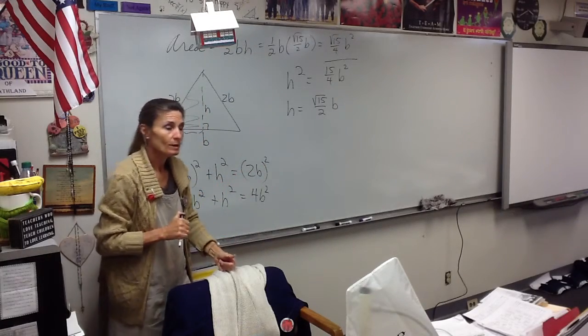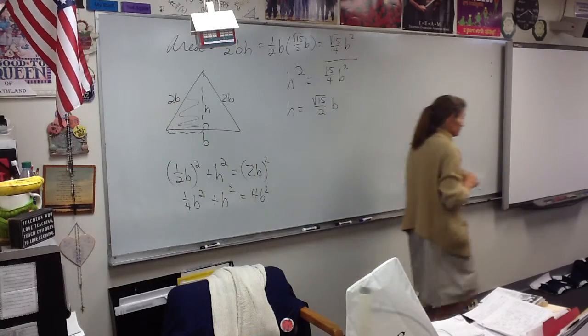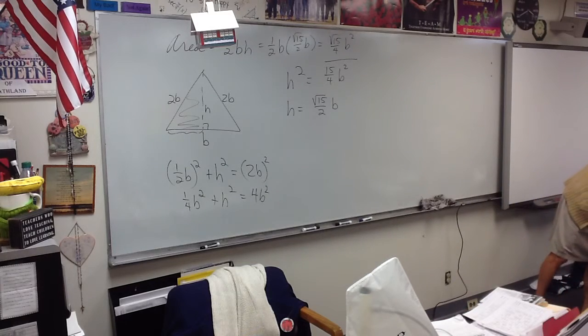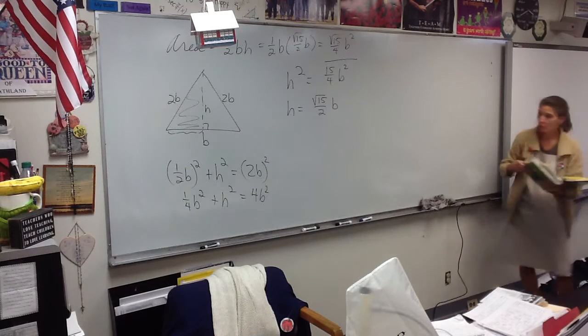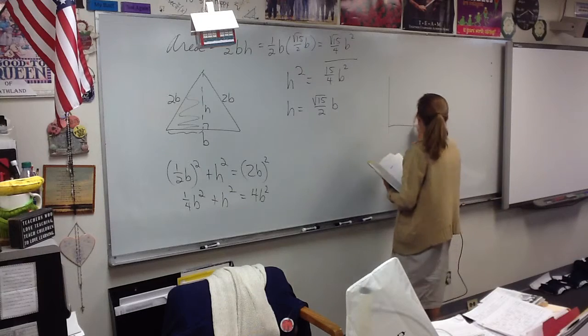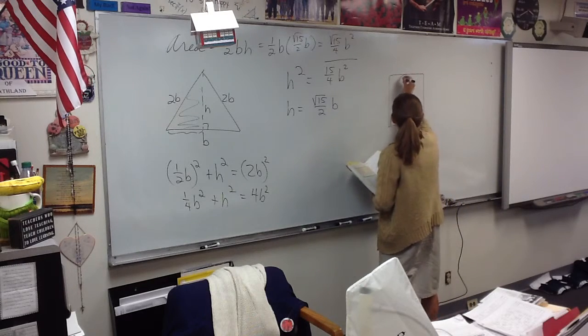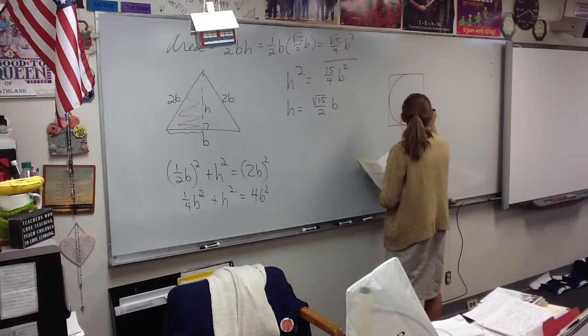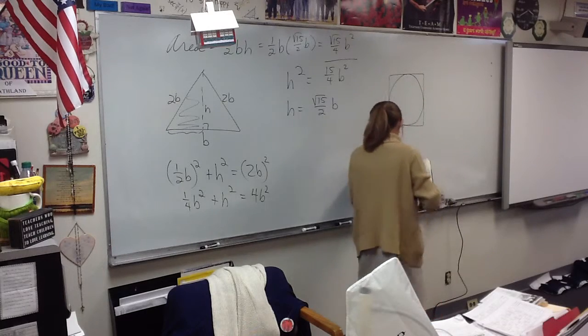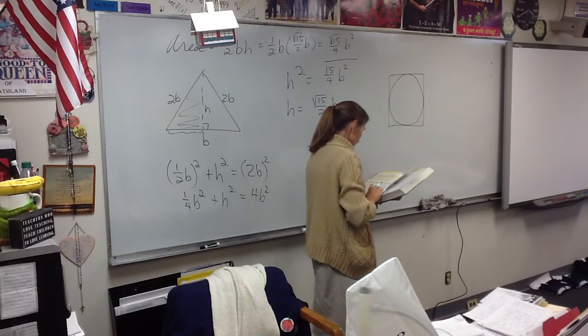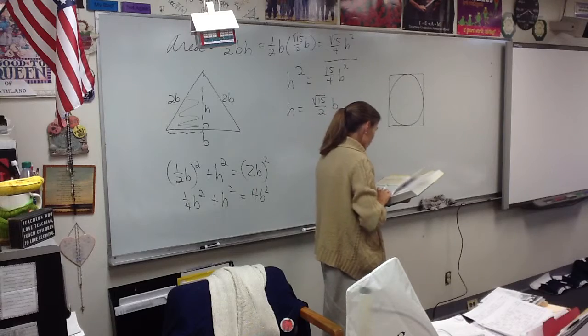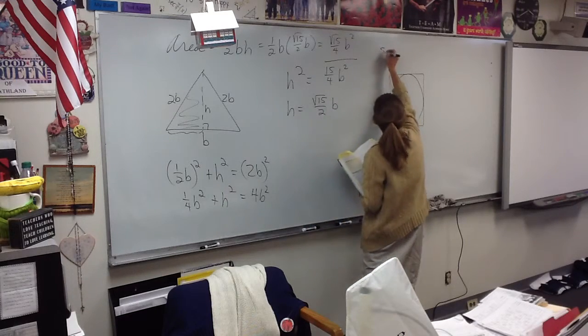Can we do number 19, please? 19. A sphere is contained in a cube. So think of a ball inside of a box. Find the surface area of the cube.